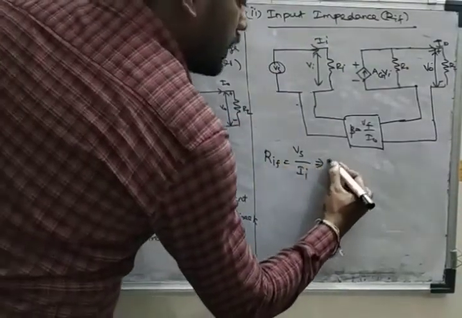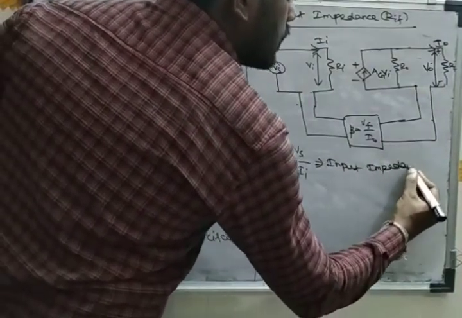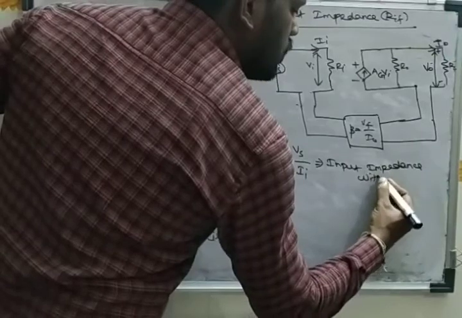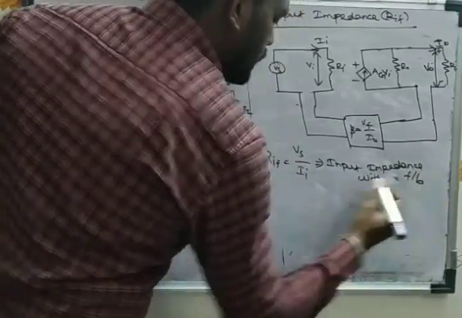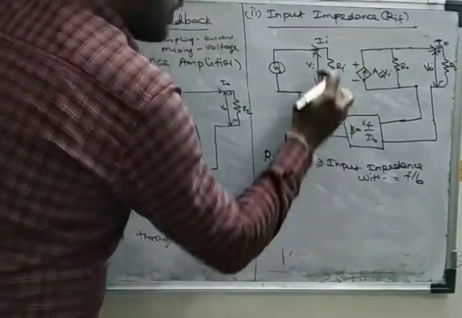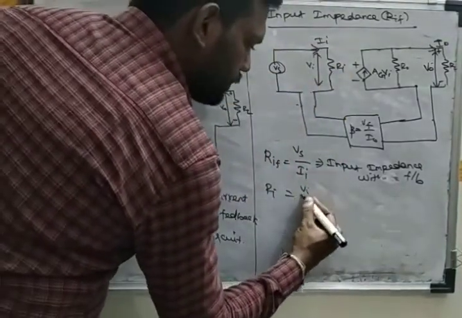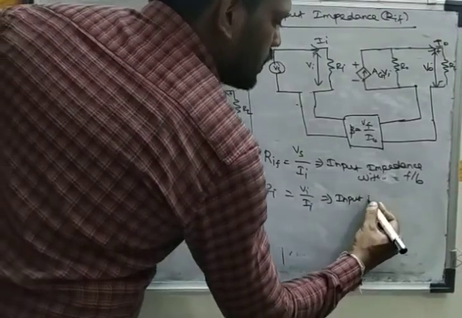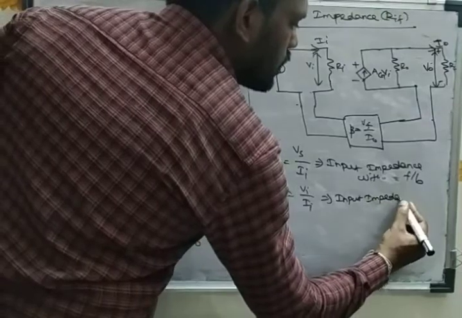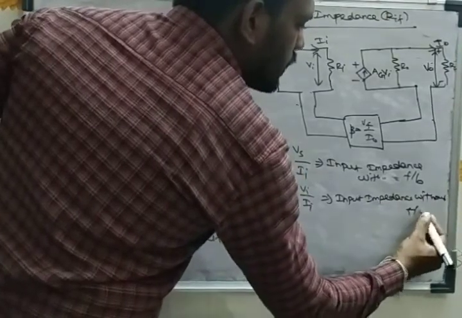So input impedance with feedback. Similarly, Ri is Vi by Ia. So Vi by Ia is the input impedance without feedback.